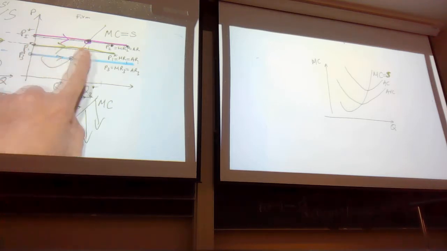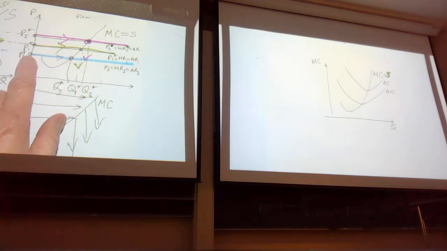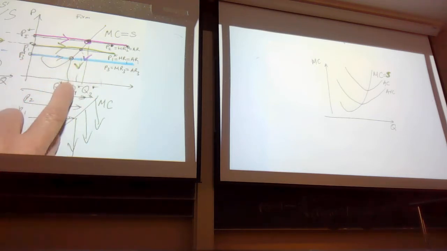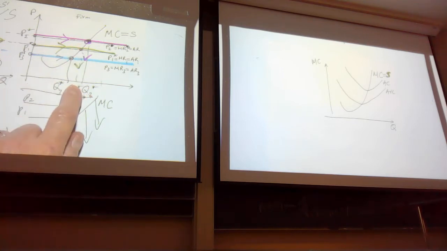Because it acts like a supply because it says at this price I will supply this quantity. This, yes, I will supply this. That, yes, I will supply that. Do I always supply? No. Sometimes I shut down. At which price do I shut down? At the minimum of the average variable cost.